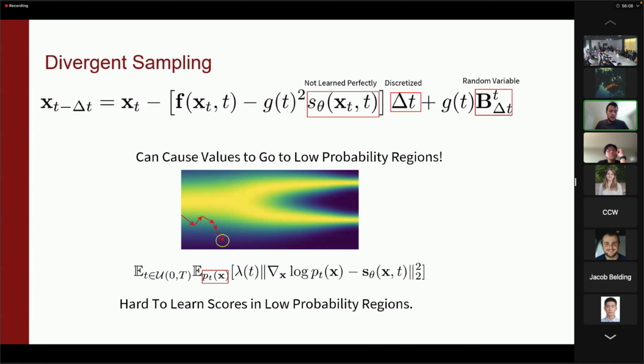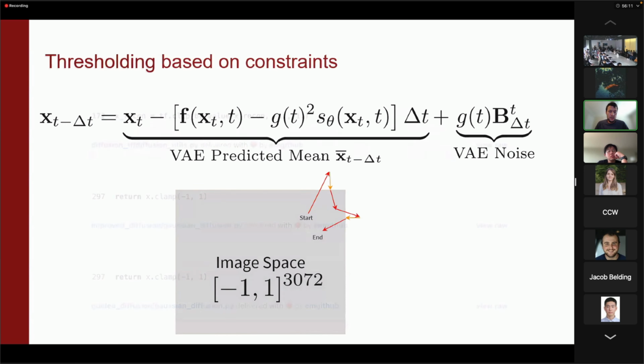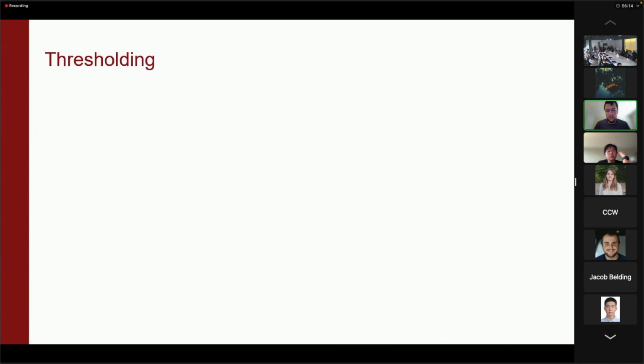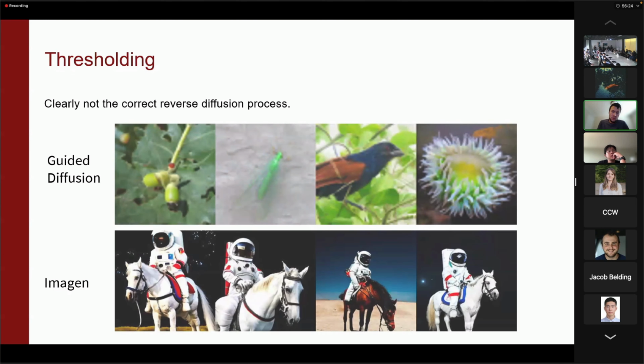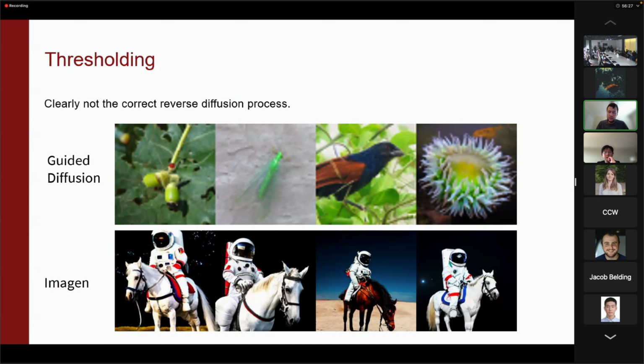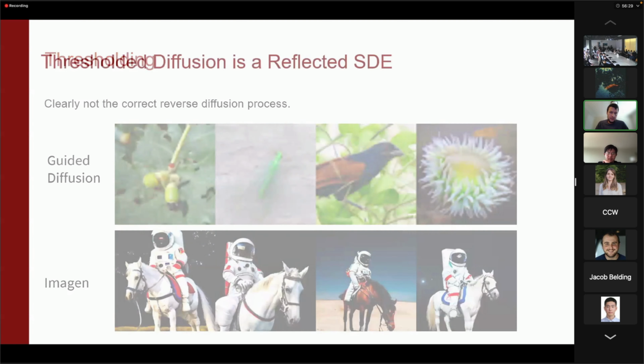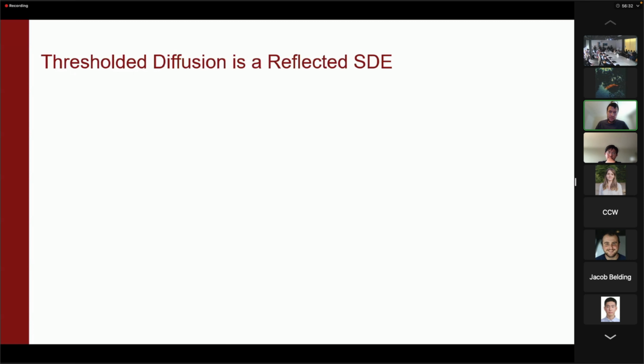And what we did in a recent paper is we looked into what's the right way of applying these constraints. Well, the problem is that if during the reverse diffusion process you just apply this clipping, there is a mismatch between the forward process and the reverse process. And the way to correct it is to realize that this thresholded diffusion process is no longer just a regular stochastic differential equation or a regular diffusion process, but it's a reflected diffusion process.